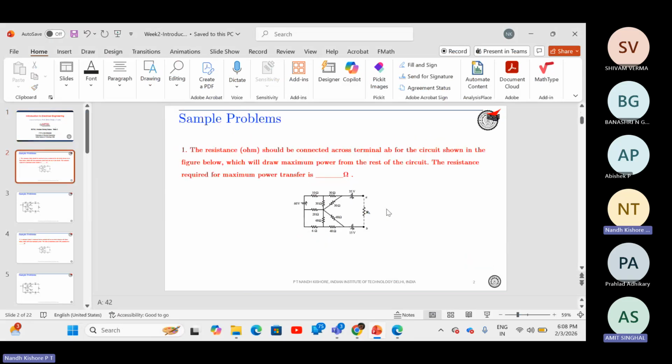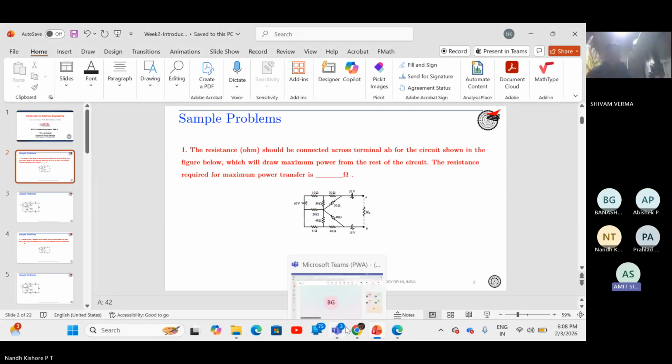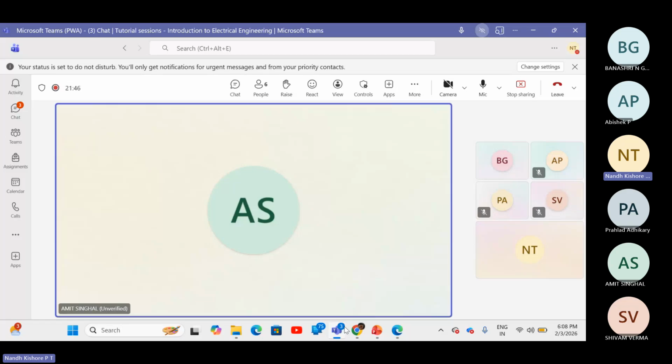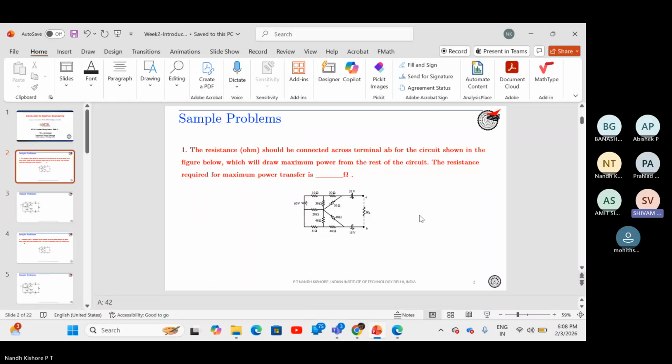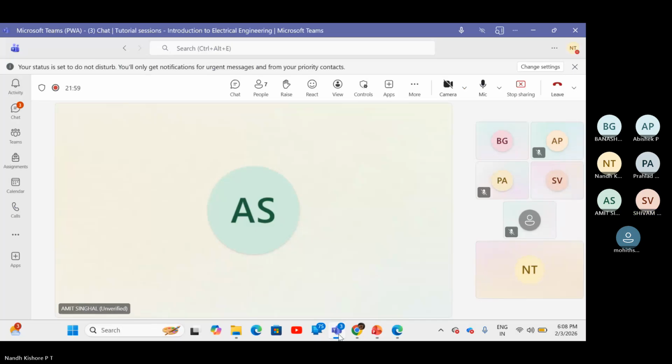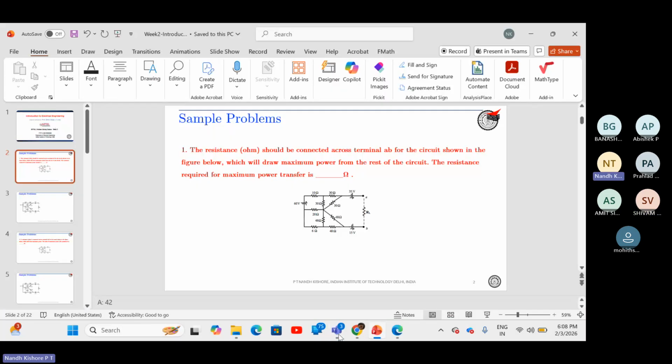Only the first slide is visible for everyone.